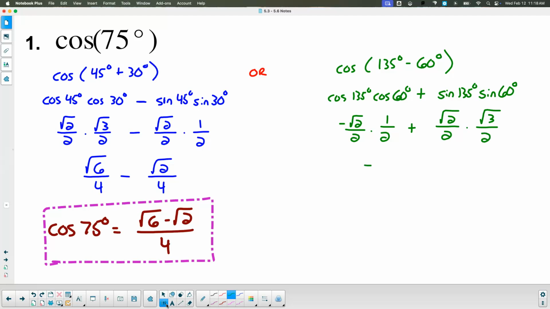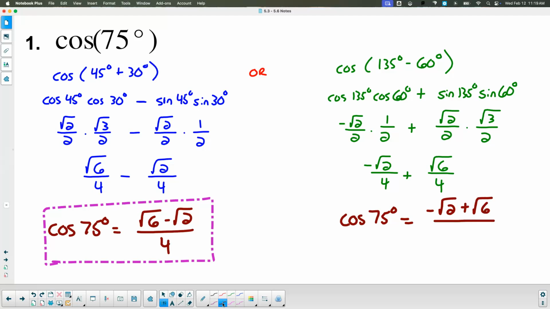That gives me negative square root 2 over 4 plus the square root of 6 over 4. So over on this side, I get the cosine of 75 degrees is negative square root of 2 plus the square root of 6 all over 4.